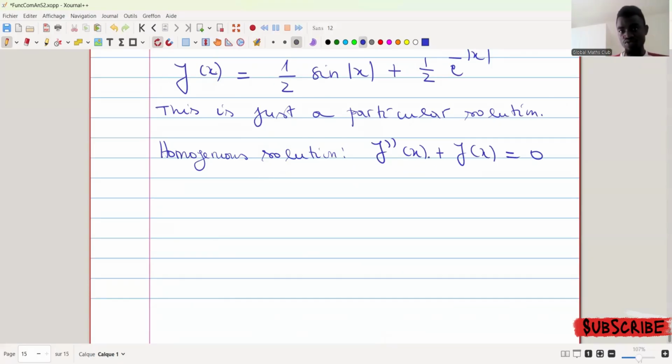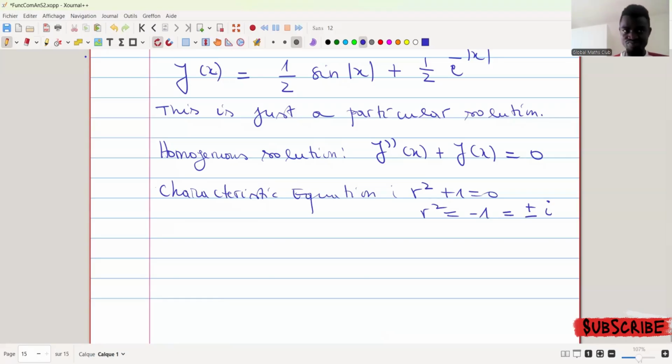Now, you know that to find this thing, you use the characteristic equation. So you have r squared plus 1 equal to 0, so r squared equal to minus 1, which is equal to i squared.